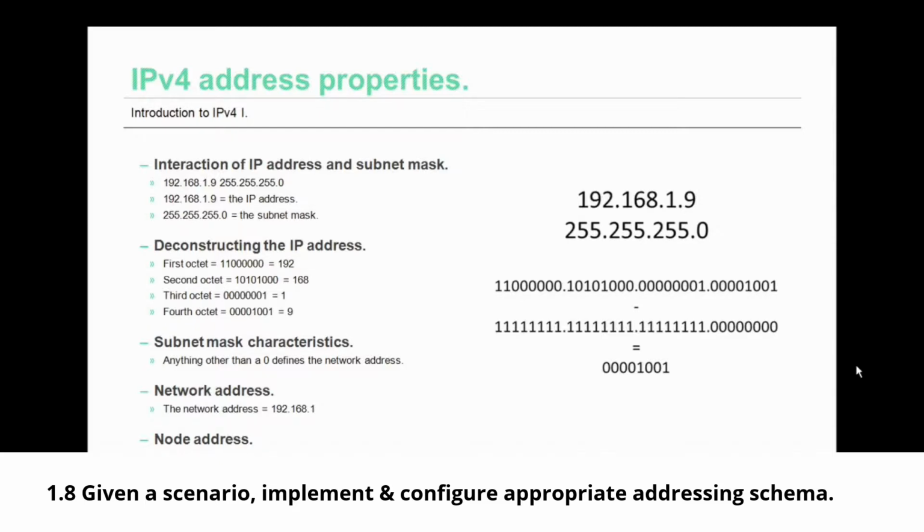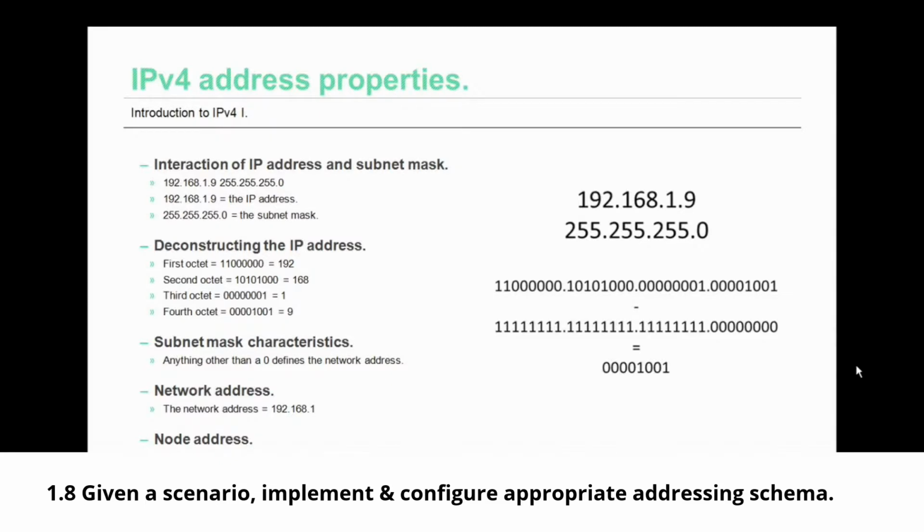Now if we deconstruct the subnet mask, we have 3 octets that are full of 1s and 1 octet that's full of zeros. That represents 255.255.255.0. Now if we put the subnet mask under the representation of the IP address, anything that's not covered by a 1 in the subnet mask is a part of the host address.